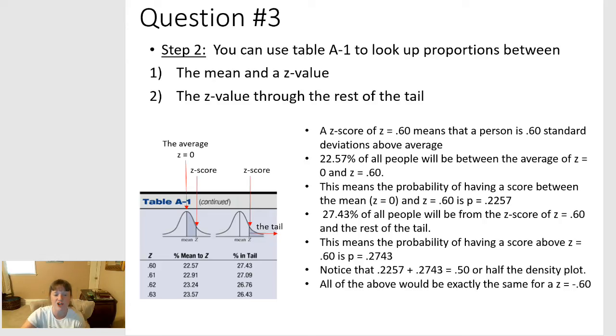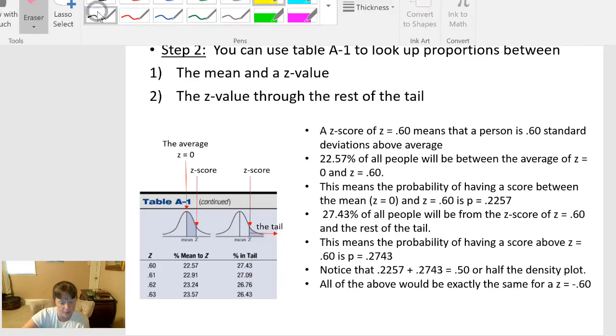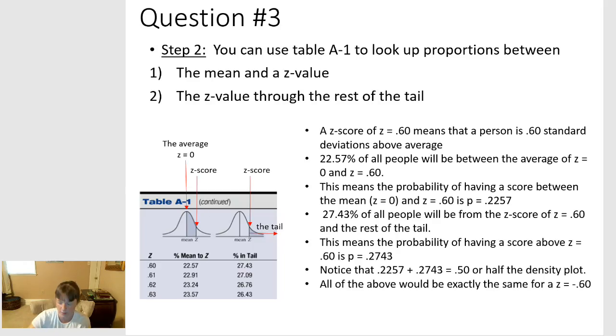These proportions that we just learned for a z-score of positive 0.6 would also be true for a z-score of negative 0.6. It would just be the other side. Instead of it being from the average of 0 to the positive score of 0.6, it would be from the average of 0 this way to the negative 0.6, because the negative z-score is going to be below the average.